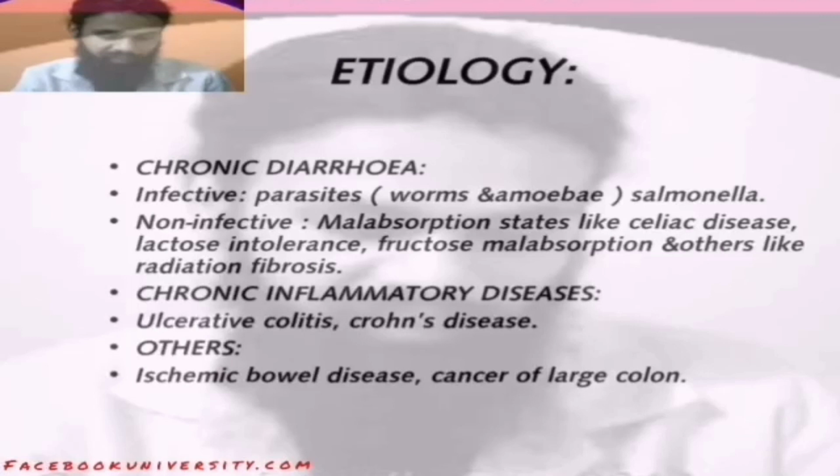And chronic diarrhea. So infective etiology of chronic diarrhea: parasites, worms and amoeba, salmonella. Non-infective: these are malabsorption states like celiac disease, lactose intolerance, fructose malabsorption, and others like radiation fibrosis.